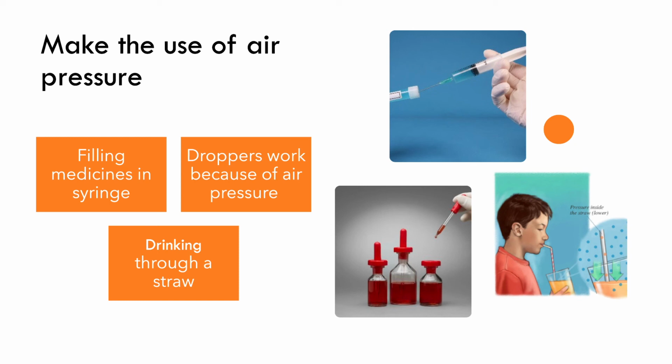So the air outside is pressing the liquid, and this forces the liquid to travel through the straw and into your mouth. In this way, you can drink your favorite juice with the help of a straw.